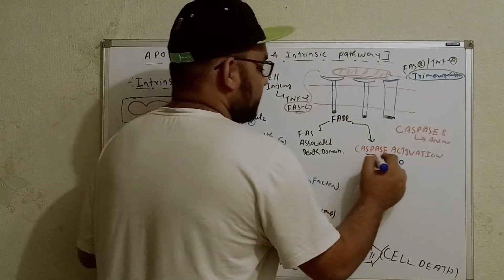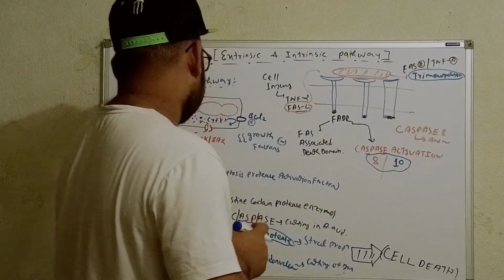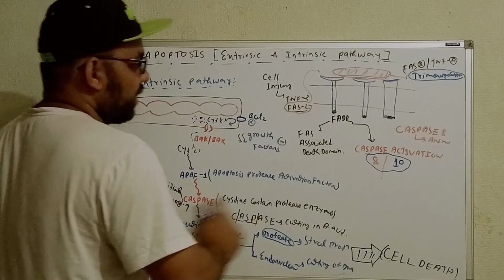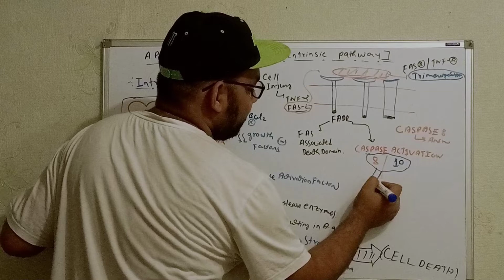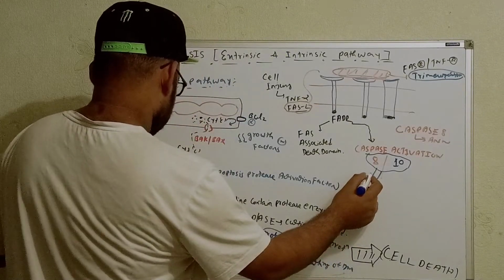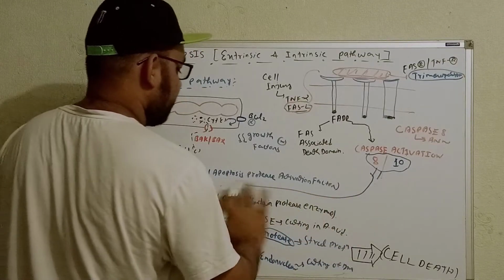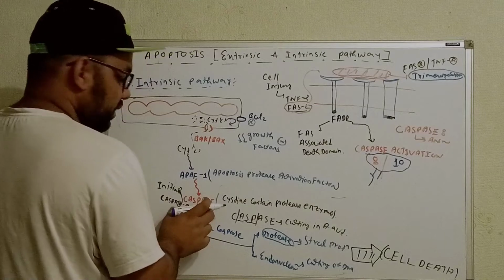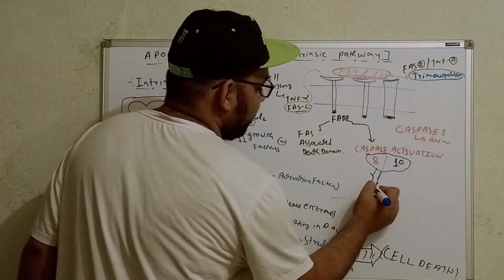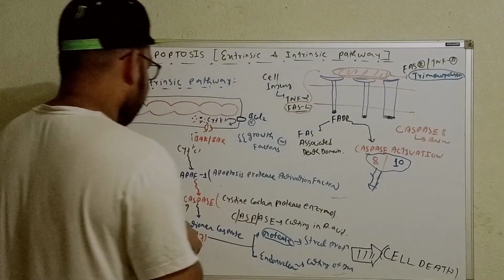Now see, whenever this caspase is activated over here, it has the capacity to directly activate the executioner caspases. I already said it over here. Already I have shown over here the executional caspases. So caspase 8 and caspase 10 have the capacity to activate the executional caspases.